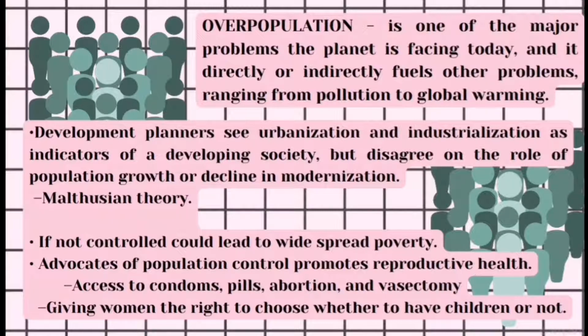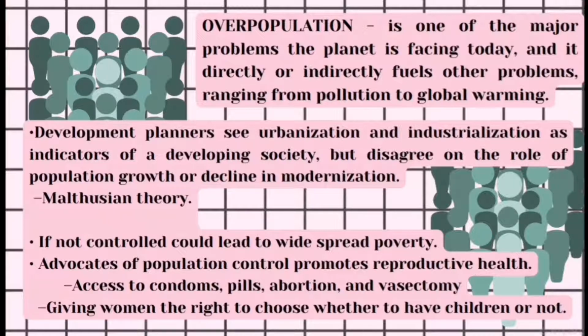According to Malthusian theory, development planners see urbanization and industrialization as indicators of a developing society, but disagree on the role of population growth or decline in modernization. He specifically stated that the human population increases geometrically while food production increases arithmetically.